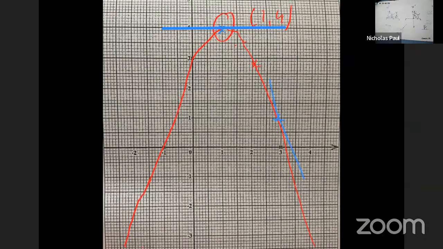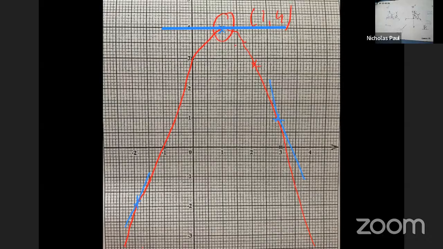If they wanted it here, tangent will look like this. You just join a line that only touches the curve at that point alone. Everybody okay with that? So you have to be careful, take your ruler and make sure when you're drawing a line, it's touching at that point alone. Go and do it, please.